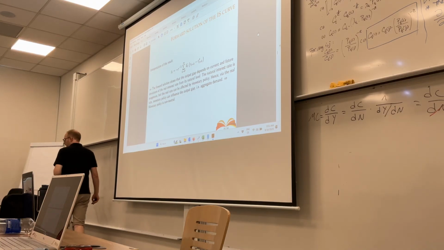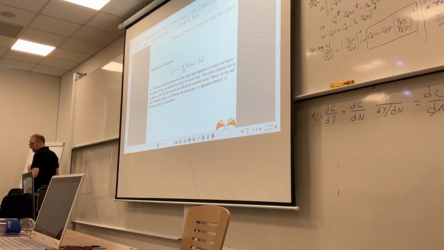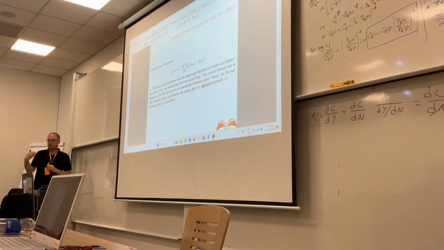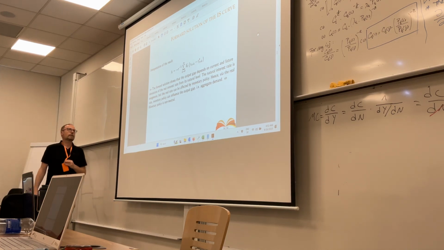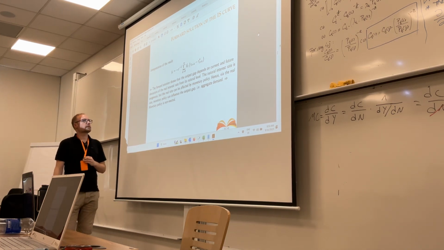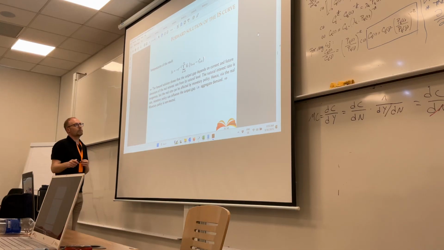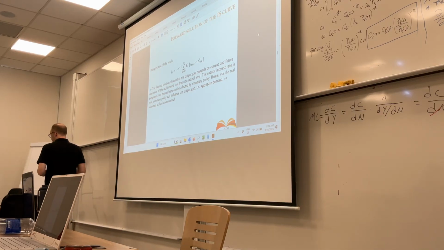So this gives us the result here that our alpha cap depends on not only current, but also future real interest rate movements. And this real interest rate can be affected by monetary policy because of sticky prices.